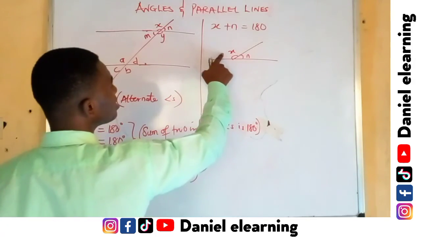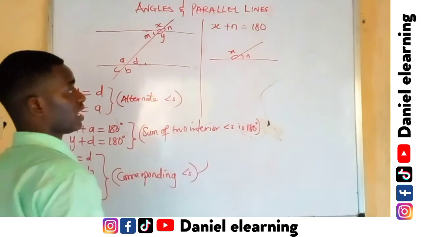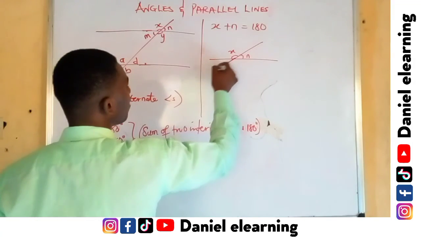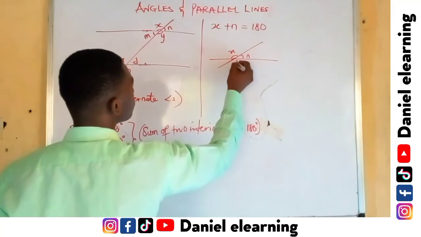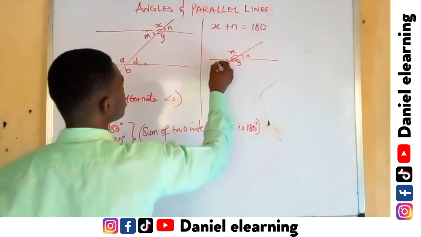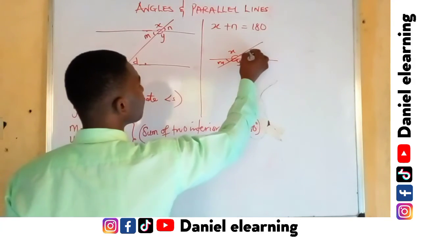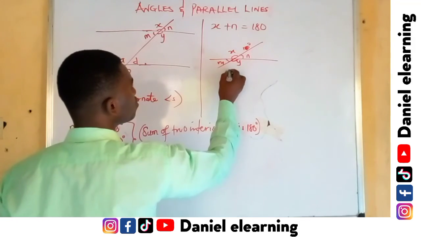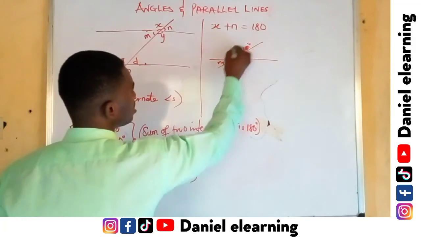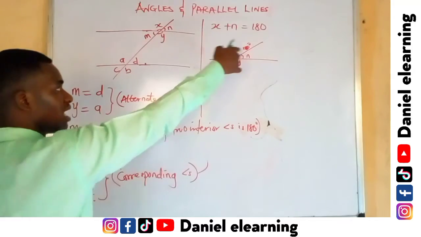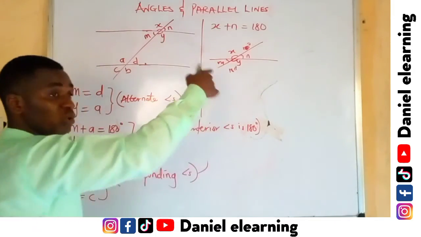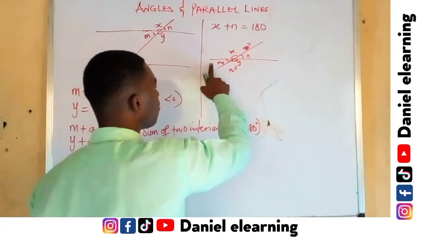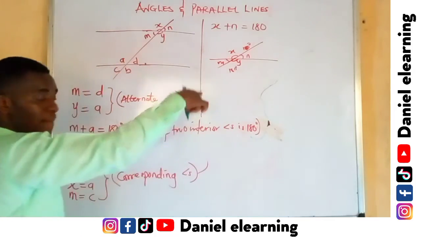If I add this and this, it's angles on a straight line, 180. So if I extend this, I'm having an angle here and an angle here. This is n. So I have 180 up here, and I have 180 here too: x plus n is 180, y plus n is 180.